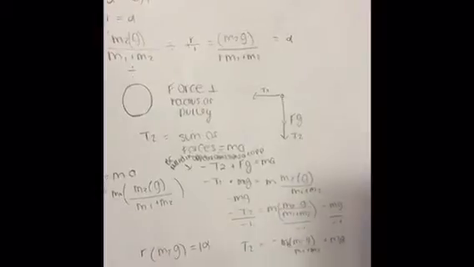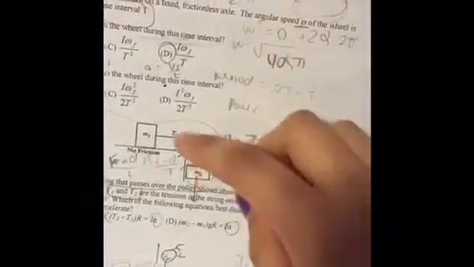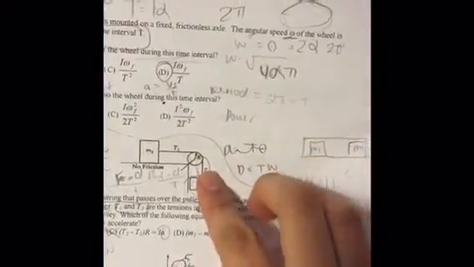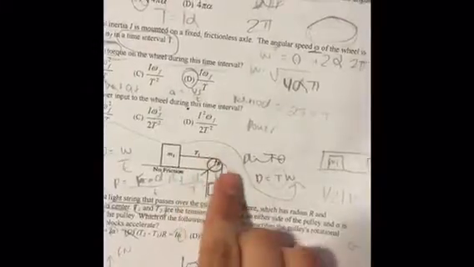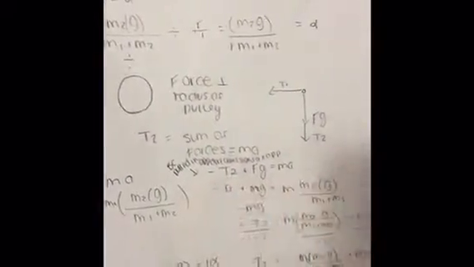Since the pulley is going this way, it's going to pull it clockwise, and since M1 is pulling it that way, it's going to be counterclockwise, so you've got to make sure there's a negative sign.